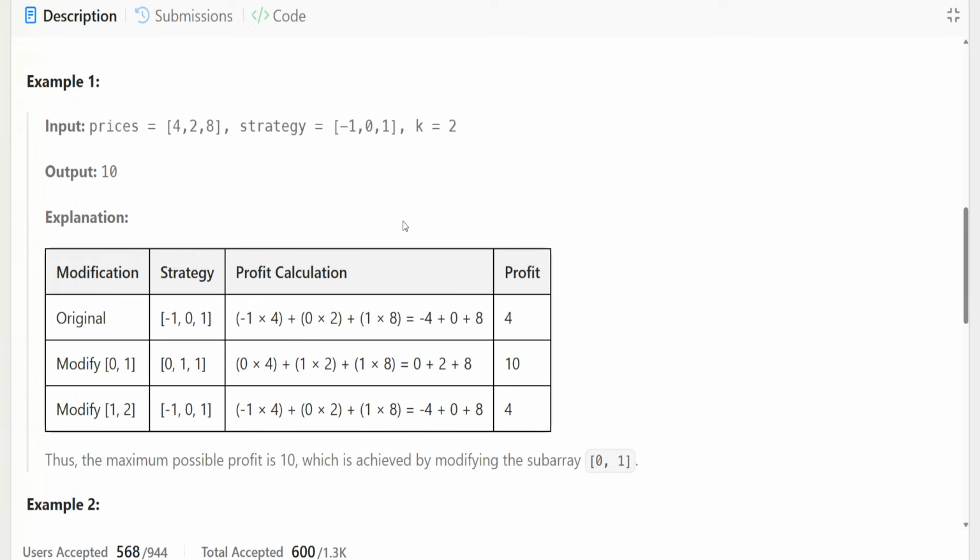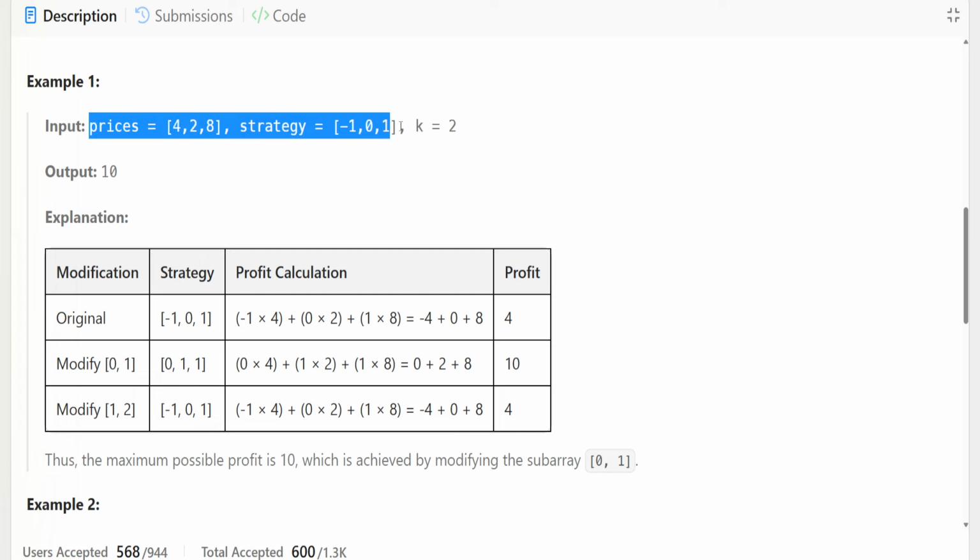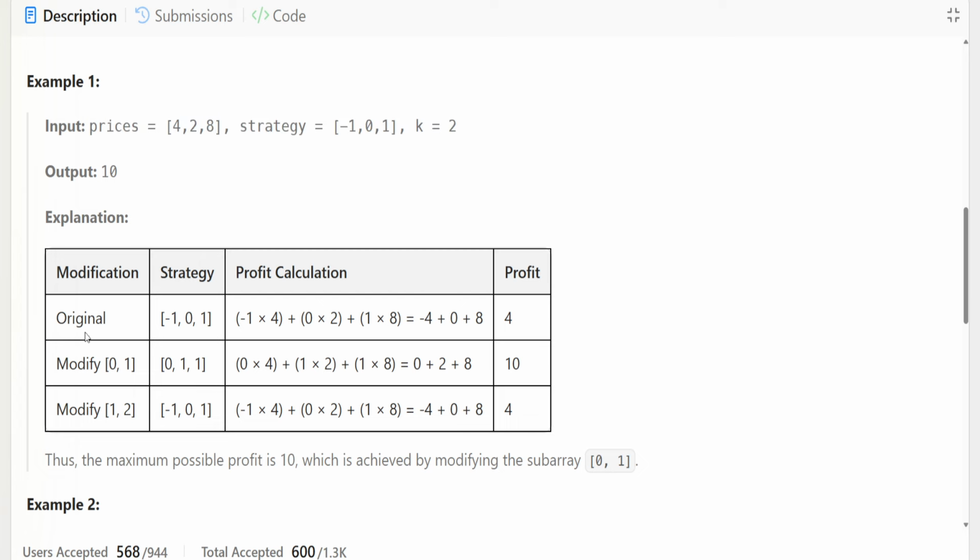Just perform the action. For example, we are given prices, a strategy, and k. Very first, we have the original strategy, which is this. If you want the profit, you multiply all of them and you get the profit. Similarly, if you do the modification at 0 and 1, you will get 0 1 1. You do the modification and calculate the profit, you will get a profit of 10.